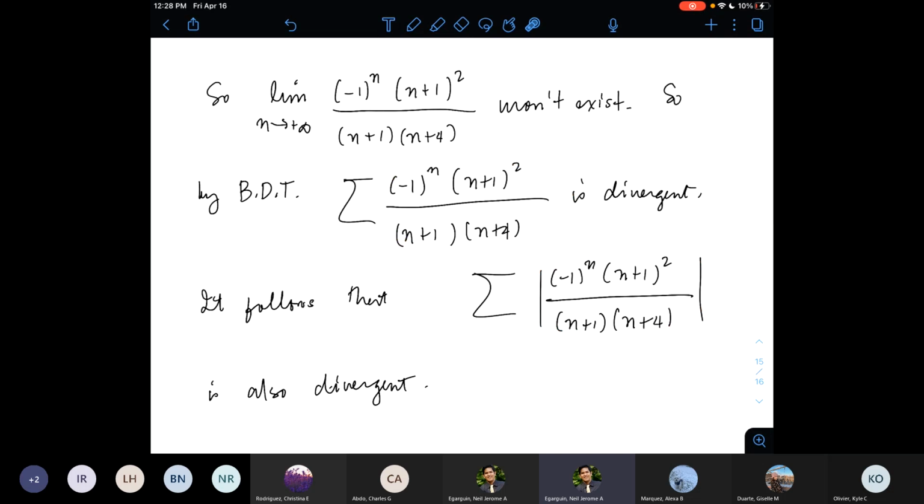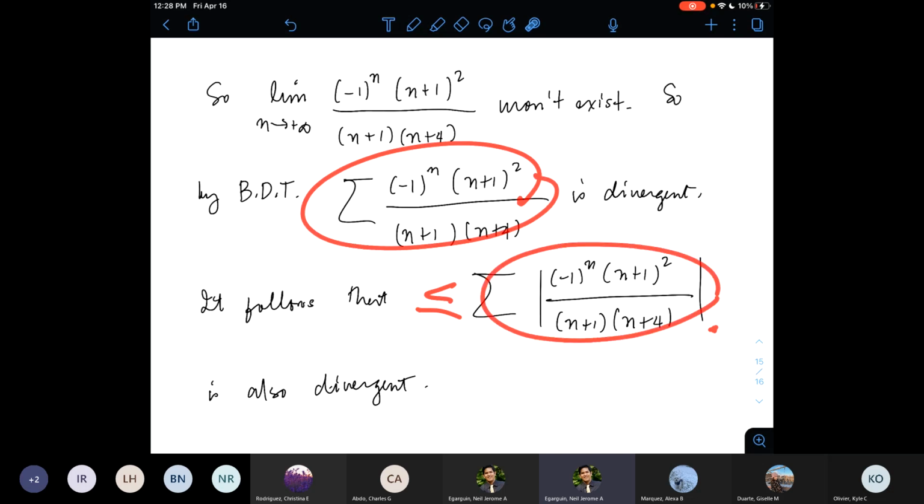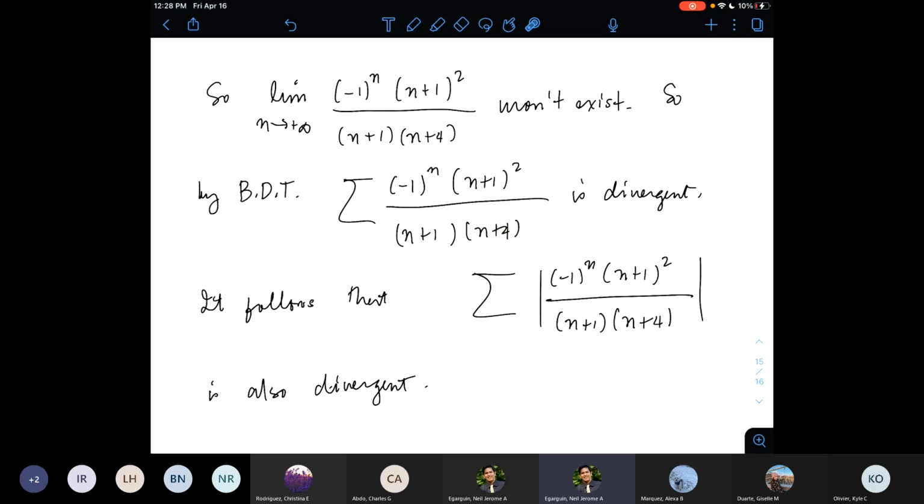So I hope you agree that this summation is smaller than this summation, right? Am I making sense? Okay. And this guy is divergent, so this is infinite. And so this will also be infinite because this guy is larger than an infinity. So basically that's the reasoning here. So it follows that this is divergent.